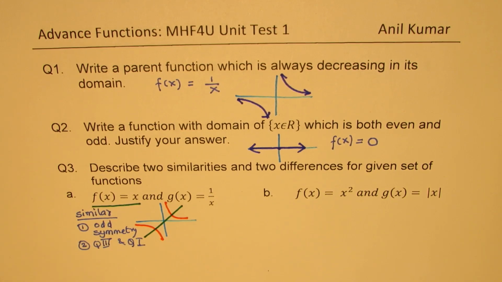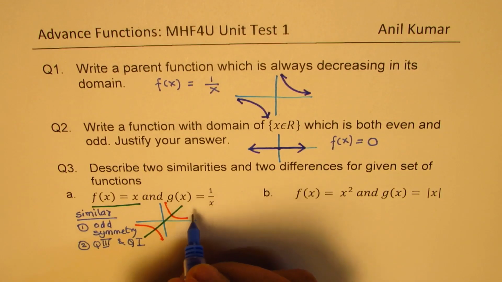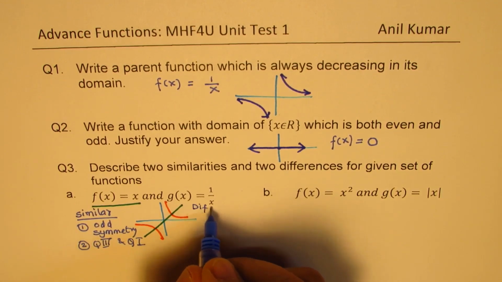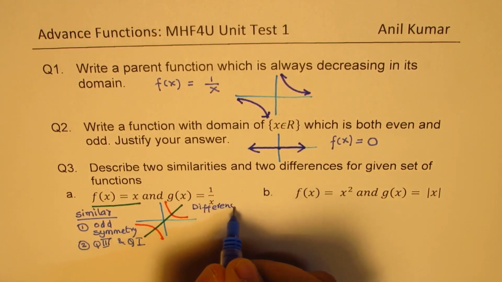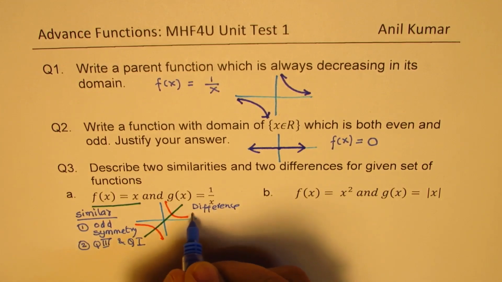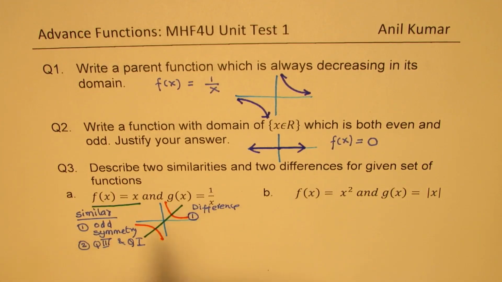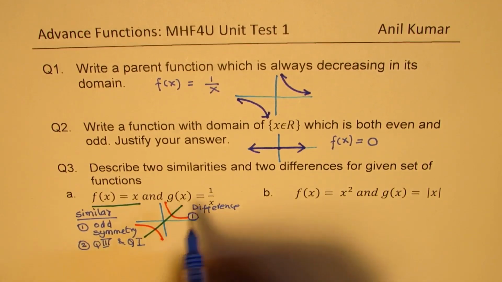Now, what are the differences? There are many differences, so you could list. So let's write down the differences now. We have to give two differences. One difference could be that the straight line is always increasing, right?